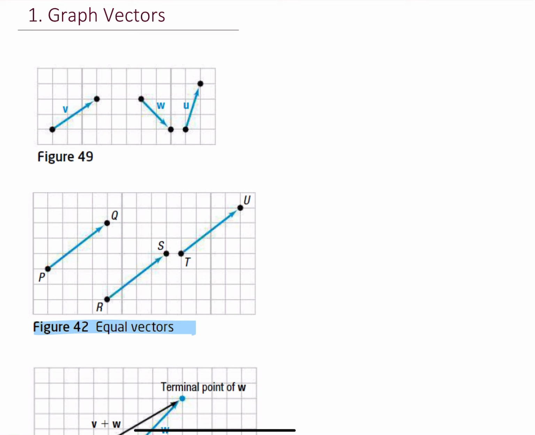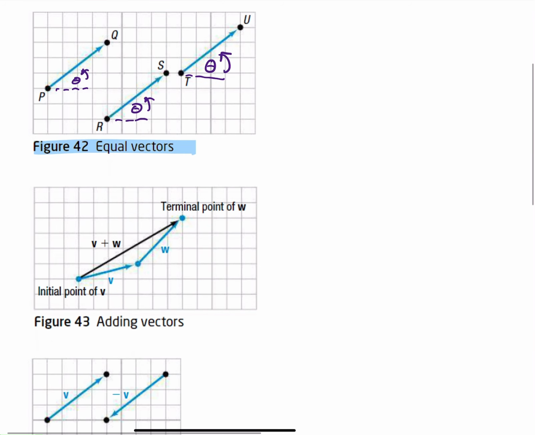That means they have the same directional angle. We could imagine some angle here. So this would all be the same angle, the same magnitude. So these are all technically equivalent vectors, meaning the actual position of the vector isn't part of its definition. We can move them around freely in space, and as long as they have the same magnitude and direction, they'll be considered as the same vector.